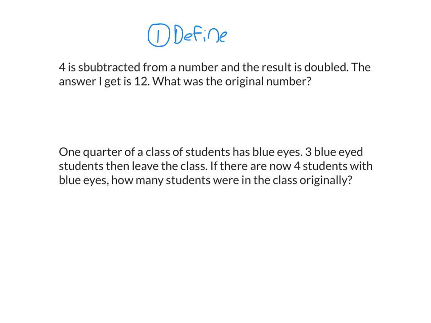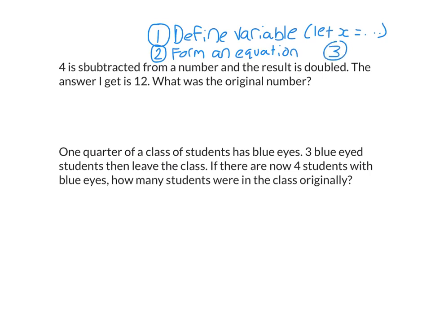So what that means is let x equal whatever you're trying to find. So after you've defined the variable, you need to form an equation. You need to take the worded information and rewrite it using only mathematical symbols as an equation. And then the third step, you just solve the equation as we've done a million times.